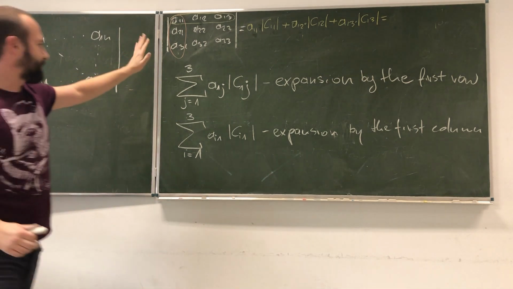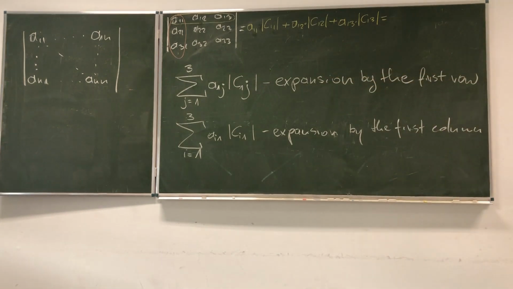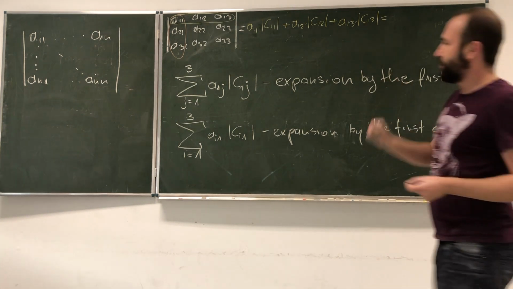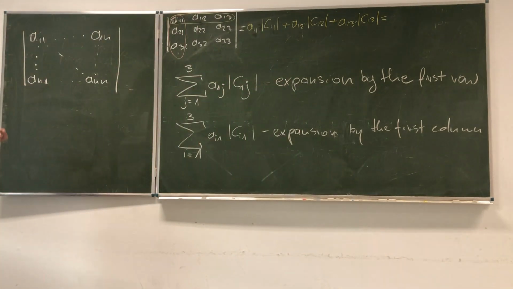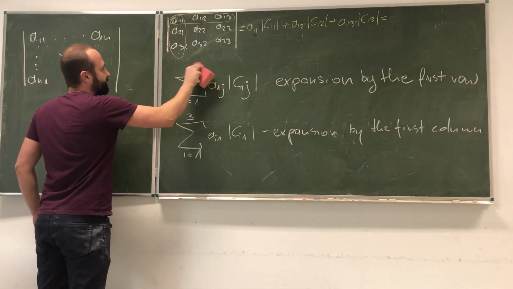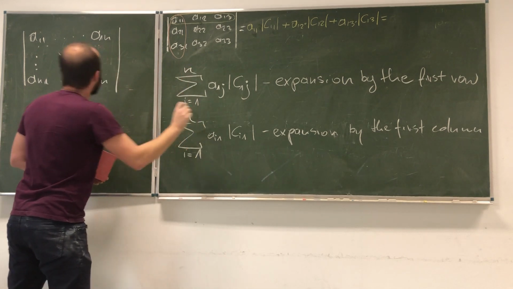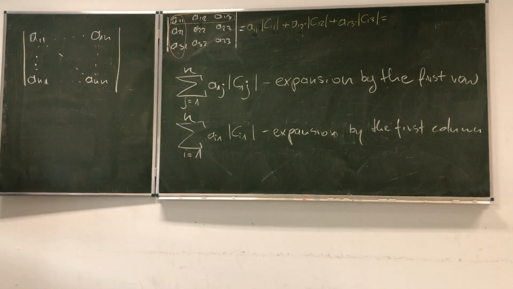Look, as it turns out, even from these formulas, we can use them, modify them slightly, and we will get a full-blown definition of how to add elements in Laplace expansion. First, what do we need to change? We need to change 3 to n, right? Because now we have n elements.